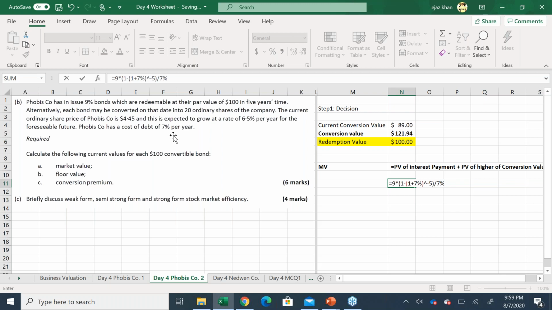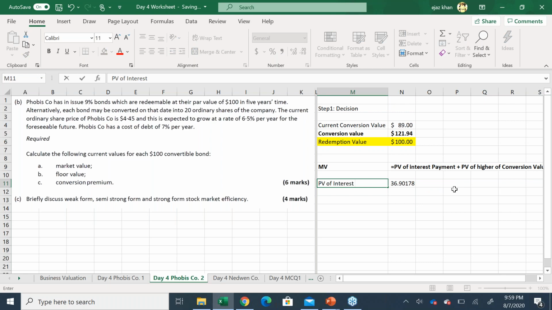That's the formula for annuity factor. So that's present value of interest payments.